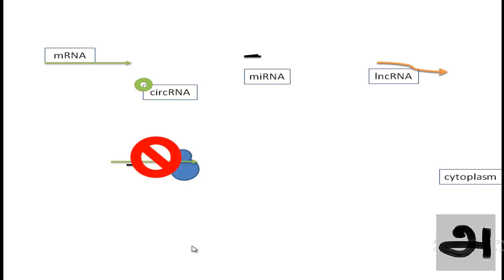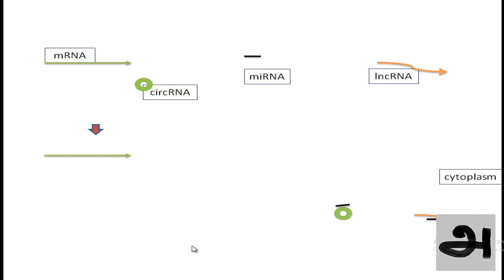What if there's a long non-coding RNA in a cell and also circular exonic RNAs? If these circular exonic RNAs or long non-coding RNAs, or whatever other RNAs have the competitive binding site for microRNA, all the microRNAs go and bind to the ceRNAs.